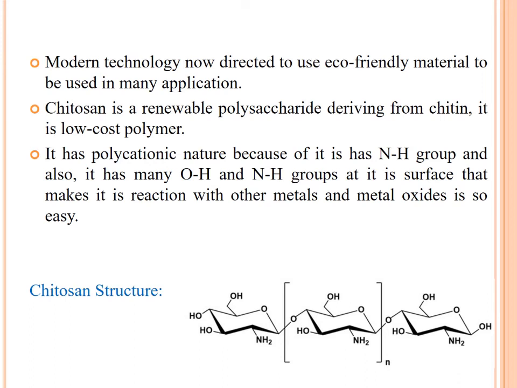We use chitosan because it is a renewable polysaccharide derived from chitin. It's a low-cost polymer and has two active sites, OH and NH functional groups, that make its surface interact more with other metals and metal oxides. And there is the structure of chitosan.